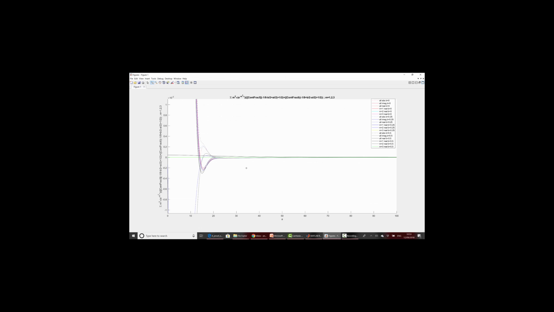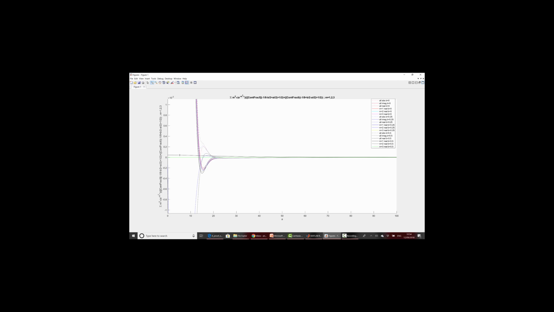Looking back again at this one, we can see here for the lines, you can see coming down, coming up and staying below 0. We look at the green line there, it is more or less 0, but you see it stays below. This is what we see when m equals 1.